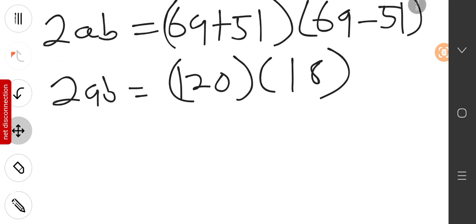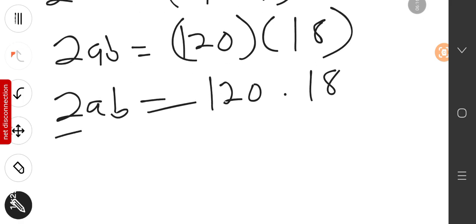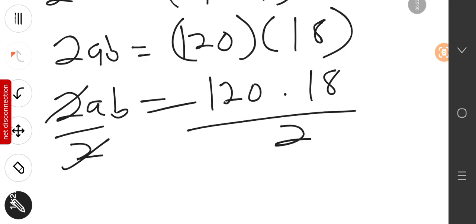Now let's divide both sides by 2. This cancels the 2, and 18 divided by 2 gives 9.